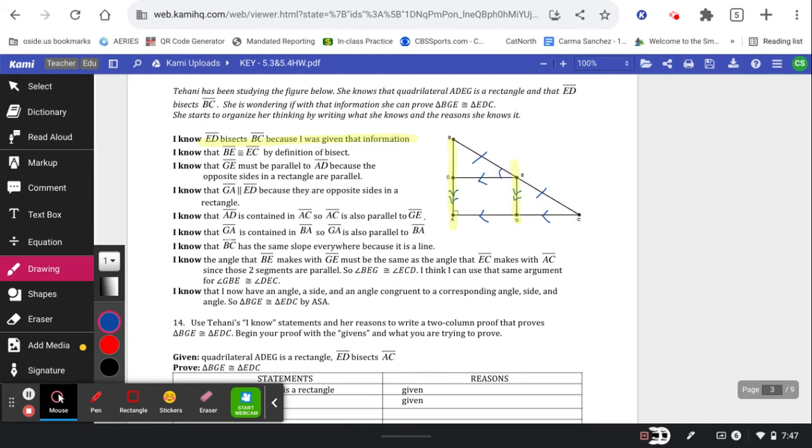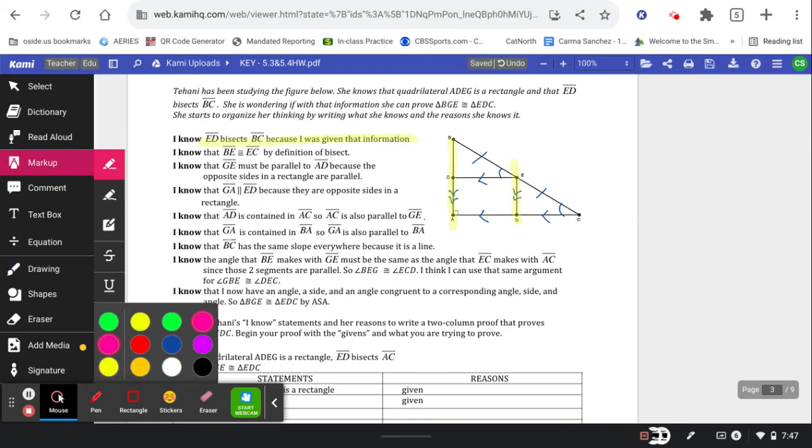So this angle here has to be the same as the angle that EC makes with AC. Okay, so I'm going to go mark that. Okay, and that's this part right here.